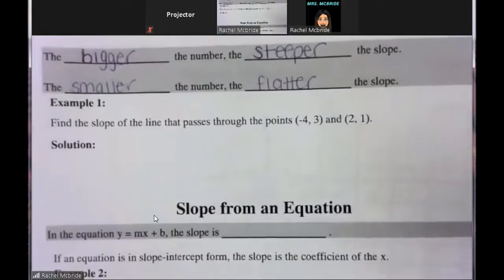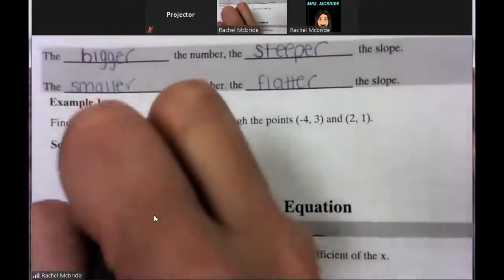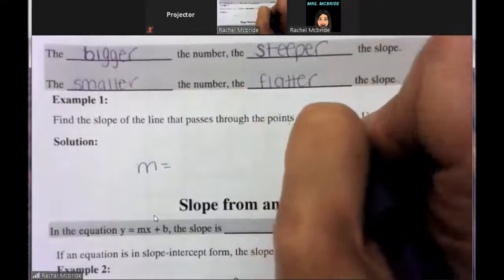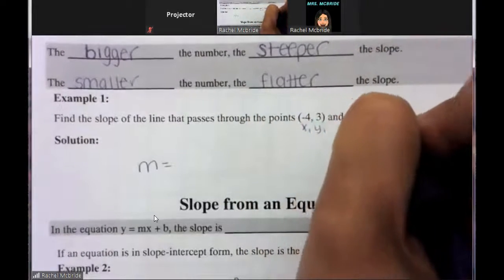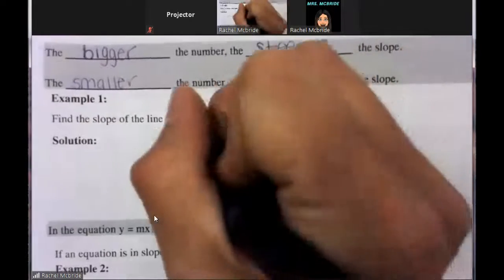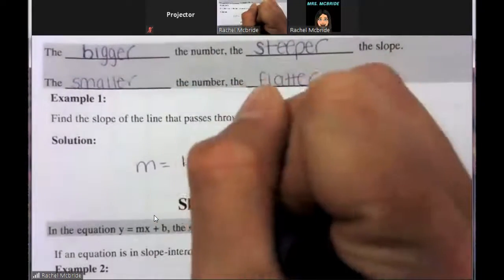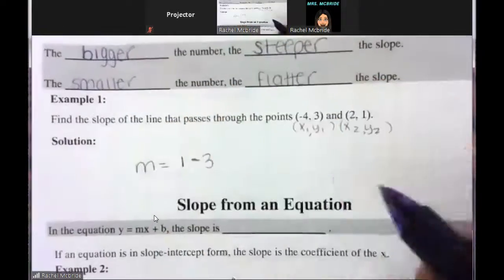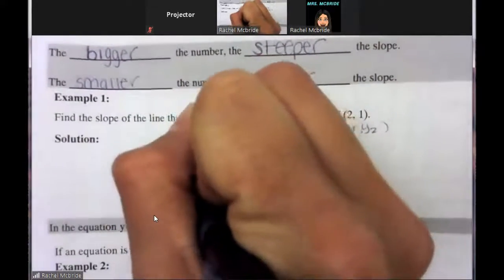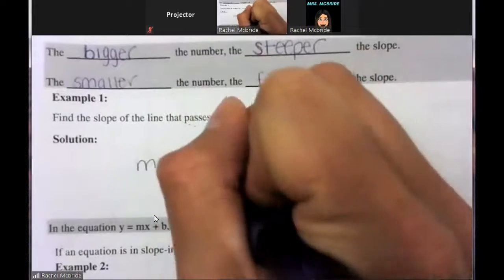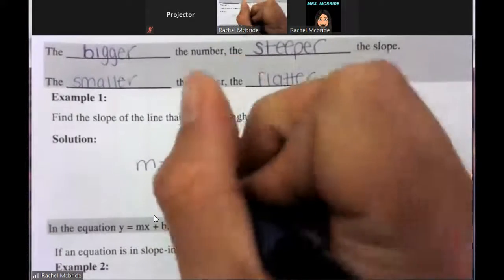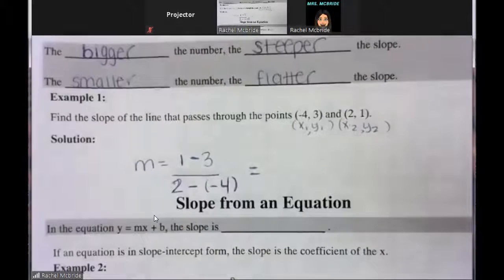So if we find the slope in this example here, x1, y1, x2, y2, plug in y2, subtract y1, plug in x2, subtract x1, 1 minus 3.